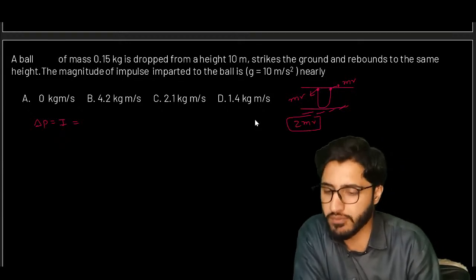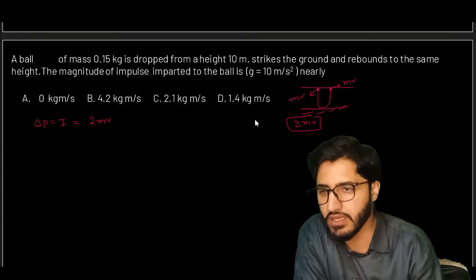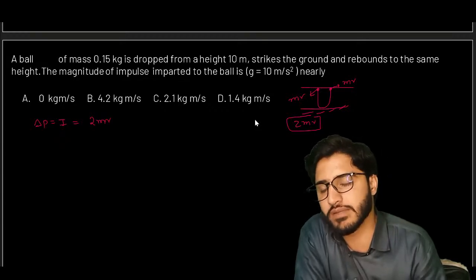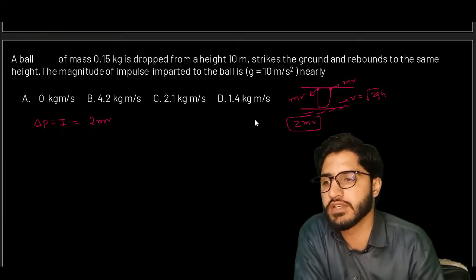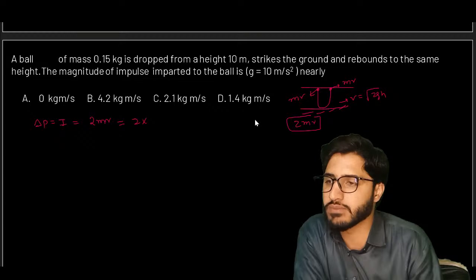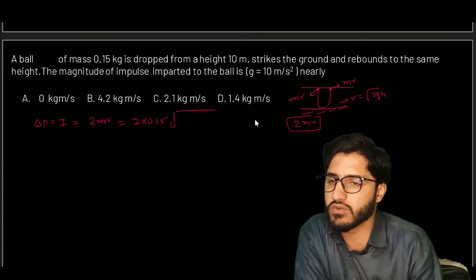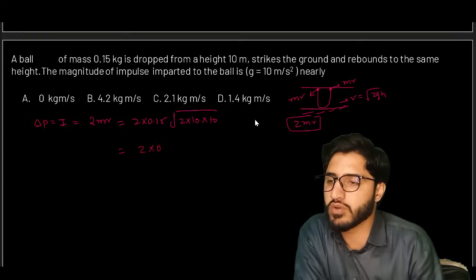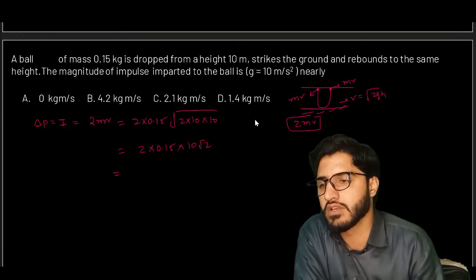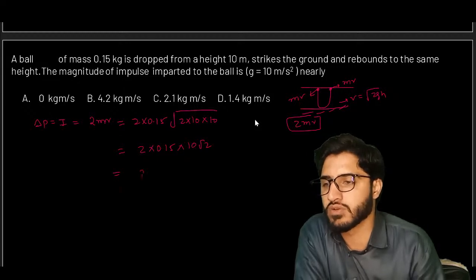So it would be equal to 2mv. When the body hits the ground, the velocity will be equal to under root of 2gh. So I can write 2, mass is 0.15, under root of 2, g is 10 and height is how much? 10. So can I write it is 2 into 0.15 into 10 root 2? Yes. So it will be 1.5. Clear? So 2 into 1.5 root 2.